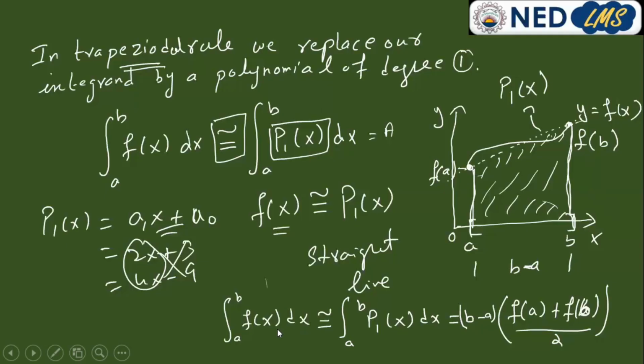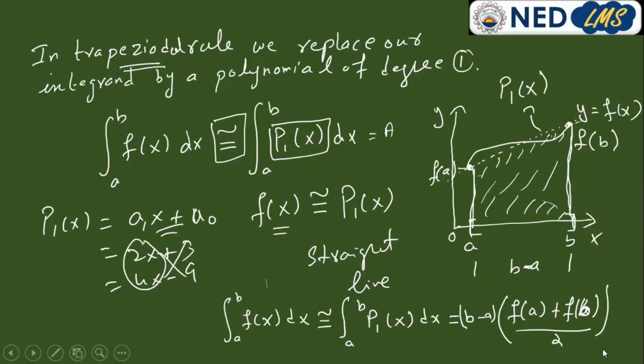So we have a very simple formula. What this formula says is, I do not need to apply integration by parts or anything. I have to do a simple thing. I evaluate the integrand at a, just put the value of a in the integrand. Then I evaluate the integrand at b, the upper limit, replacing the variable with b. Whatever answers I get, I add them, divide by 2, and multiply by the length of the interval, which is b minus a, the upper limit minus the lower limit.